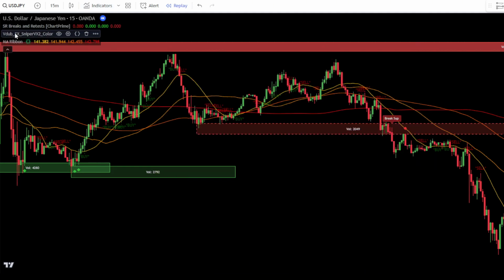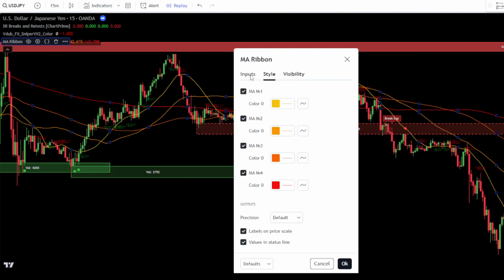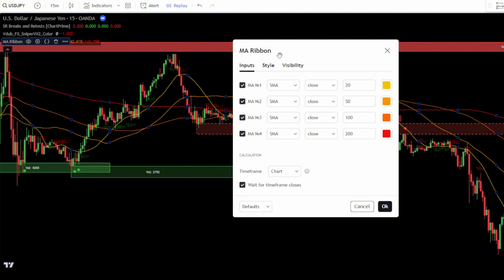Next, adjust the settings for the Moving Average Ribbon indicator. Go to the Input tab and uncheck the boxes for MA number 1 and MA number 3. After that, customize the colors of the moving average lines according to your preferences.